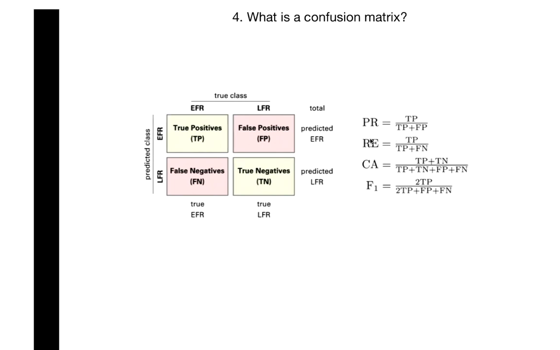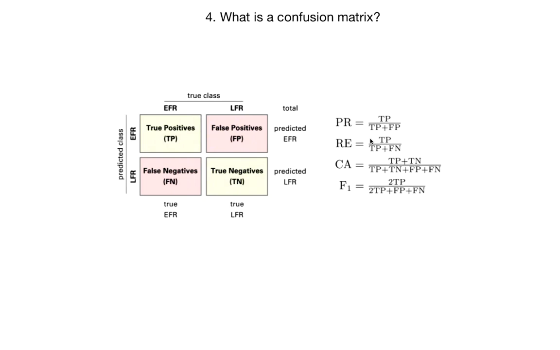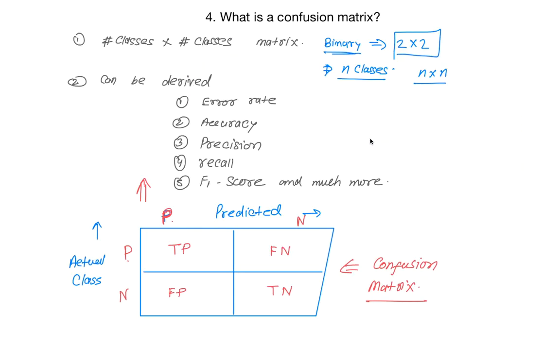So here we have the error rate. The error rate can be calculated as false positive plus false negative, divided by all the values.